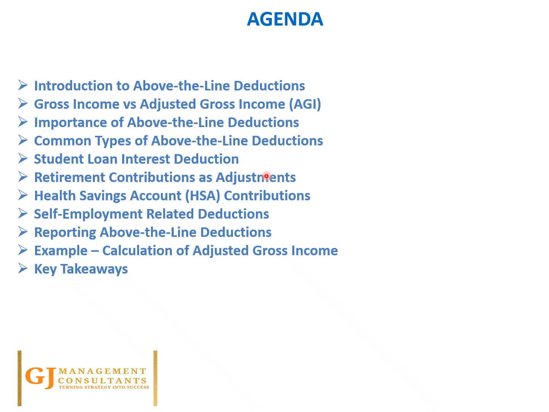Then we'll try to understand each of these deductions in a bit of detail. For example, student loan interest deduction, retirement contribution as adjustment, HSA contribution, and self-employment related deduction. Then we'll also understand how the reporting of all these deductions is done so that they get reflected in Form 1040. We'll understand the concept with the help of a detailed example and then the final key takeaway slides. So let's move to the first slide.